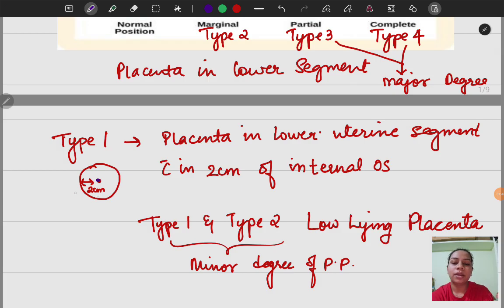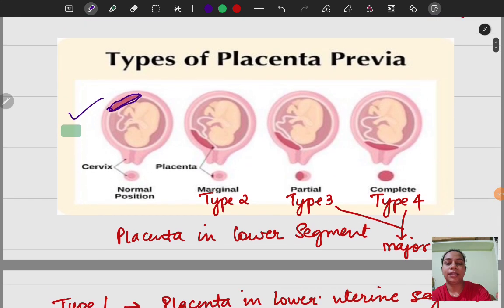So from the internal os to the outer membrane, the diameter should be 2 centimeter, that is type 1, when the placenta covers within 2 centimeter of the internal os, okay, that is called as the lower uterine segment within 2 centimeters of the internal os, that is the type 1 placenta previa.